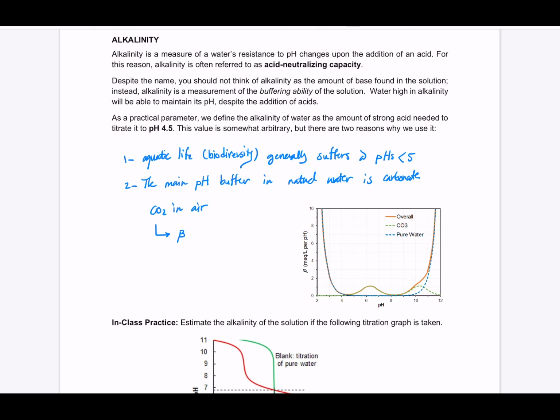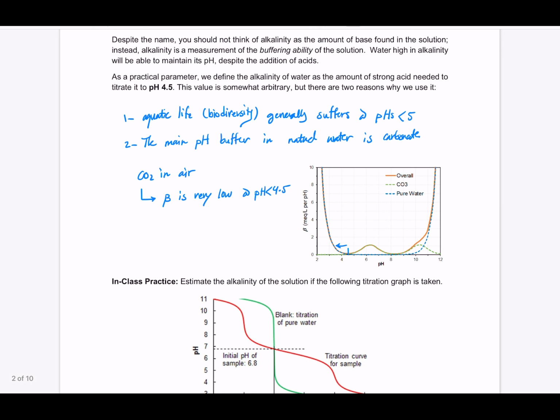And that beta value is very low at a pH of less than 4.5. You saw this also here, that 4.5. Before that, the contribution of that green line is almost zero.